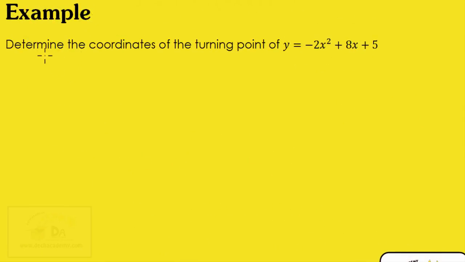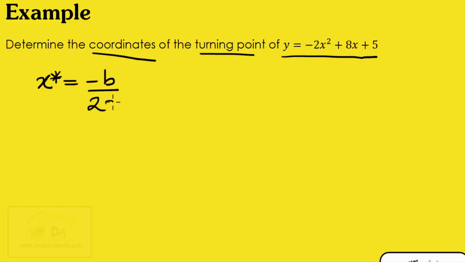Here's another example question. Same kind of question. You're required to determine the x and y coordinates of the turning point of this equation. This equation has a graph, which is a quadratic curve, and there's a maximum or minimum point. We don't know which one, but we want to determine the coordinates. Now, the formula for the x coordinate of a turning point is given by minus b over 2a.